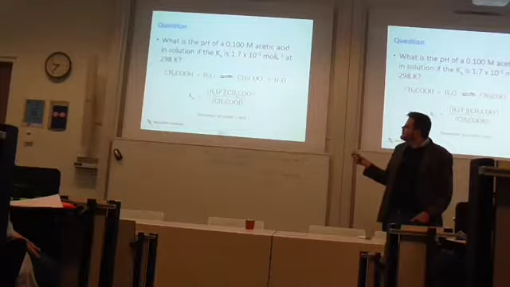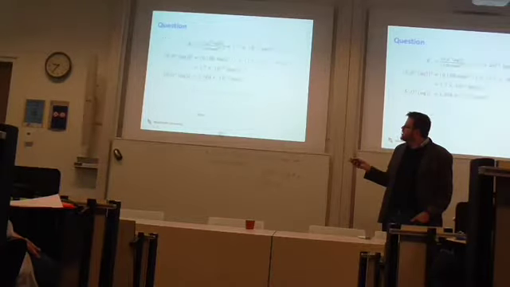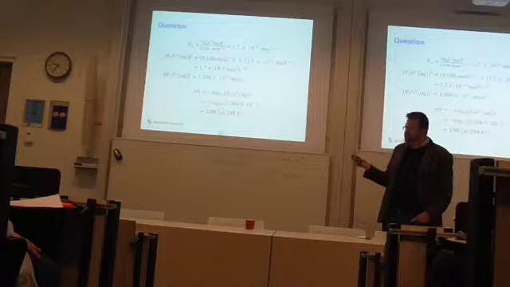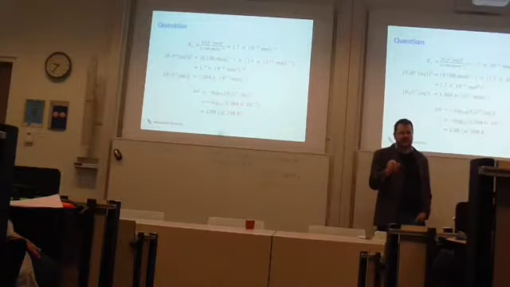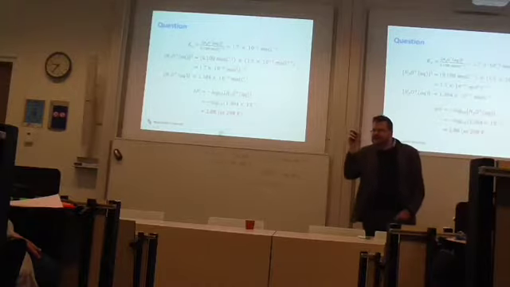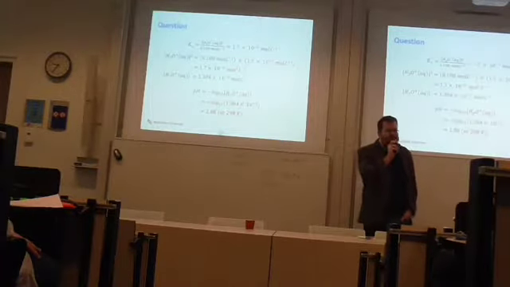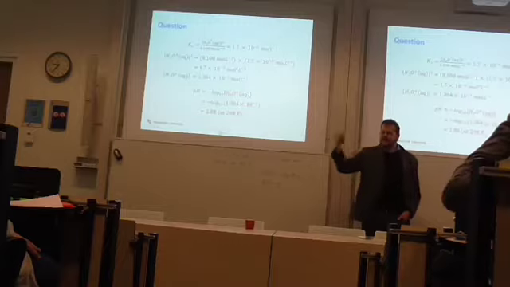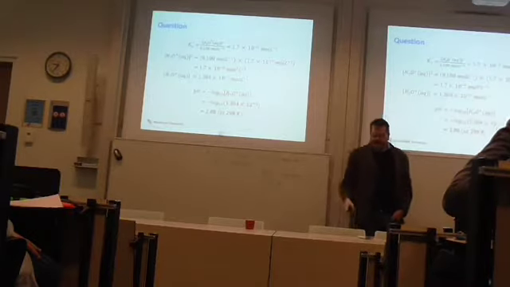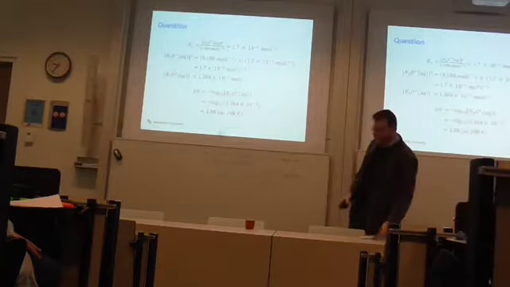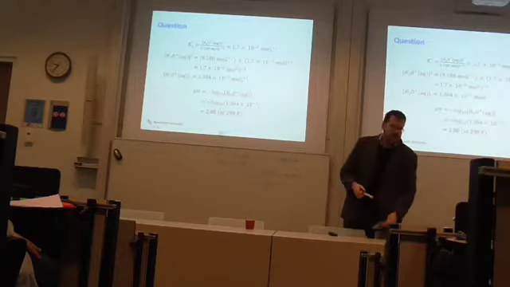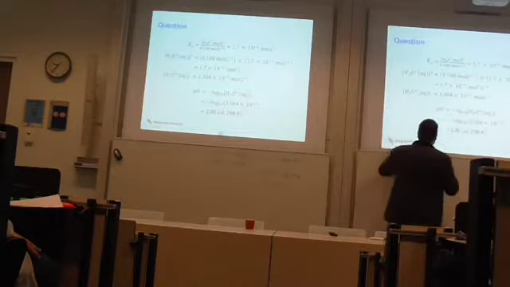That's the concentration of the acetic acid solution, and I plug that value into this expression. Is that correct, strictly speaking? No. It's going to be slightly less than 0.1, because some of it's going to dissociate. So in fact, if you want to do this correctly, what you've got to do is the following.